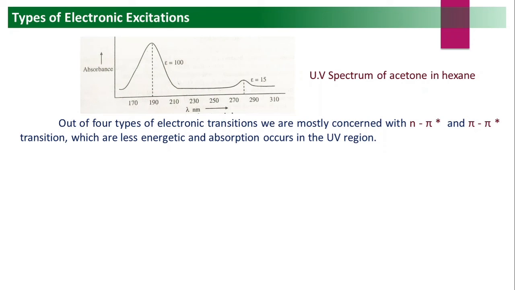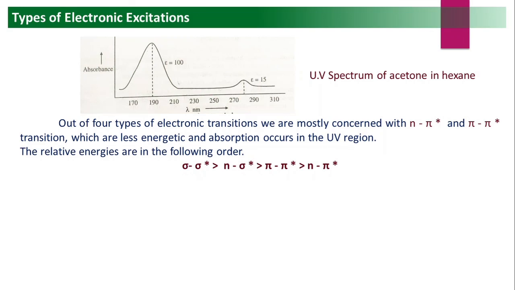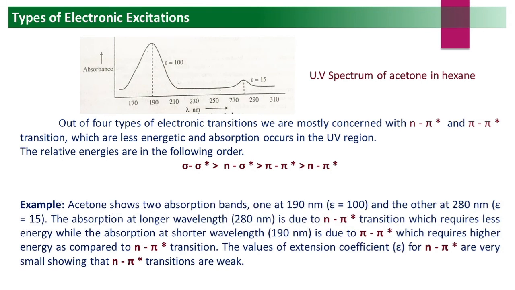Out of four types of electronic transitions, we are mostly concerned with n to pi star and pi to pi star transitions, which are less energetic and absorb in the UV region. The relative energies are in this order: sigma to sigma star is more energetic than n to sigma star, then pi to pi star, then n to pi star.